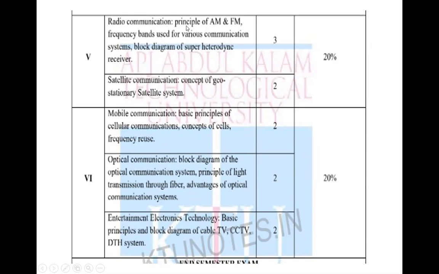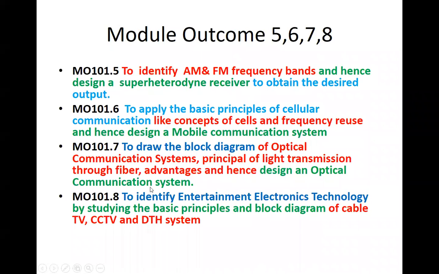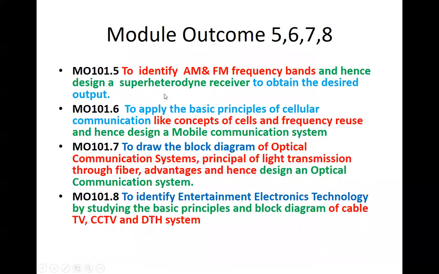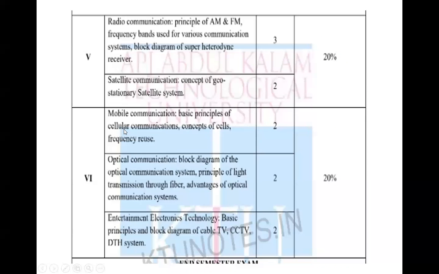This is also a very broad area, and the module outcomes are more in number now. This is a different topic in satellite communication. This relates to radio communication. Then this one is for satellite communication. So for module 5, I have written 2 module outcomes.